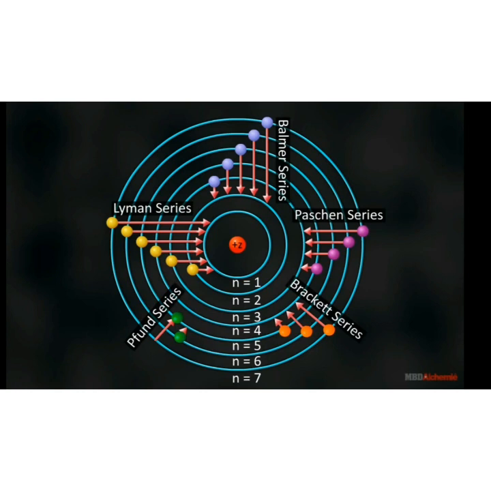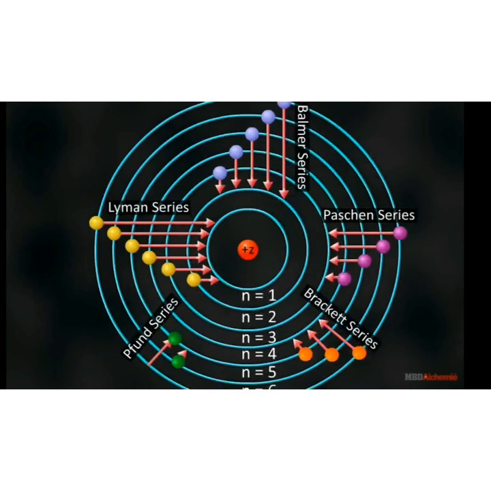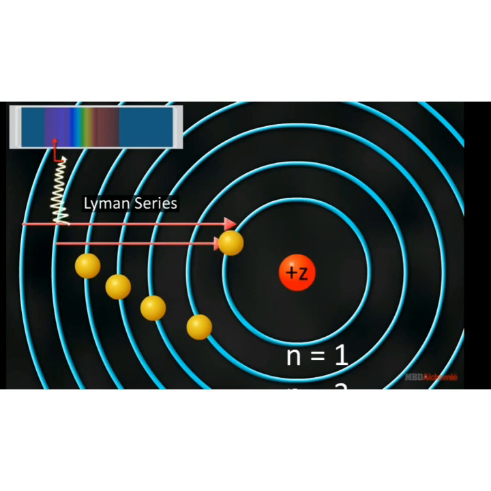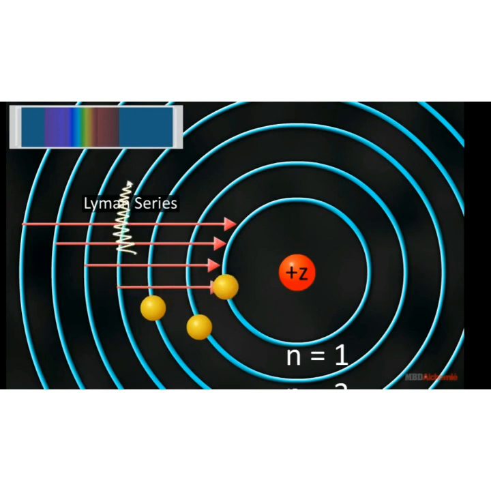The various spectral series of the hydrogen atom can be represented with the help of the orbital diagram of an atom, as shown in the animation. When a transition from higher orbits to the first orbit occurs in the atom, the Lyman series is obtained. The values of frequencies obtained in this transition lie in the ultraviolet region of the electromagnetic spectrum.